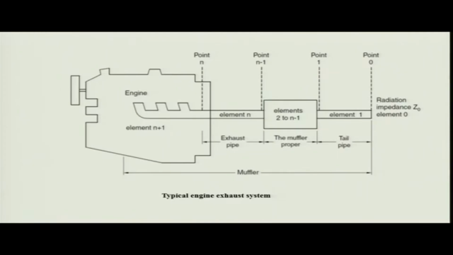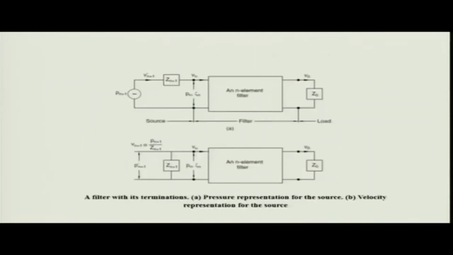We can represent this as P n plus 1, and the engine has some impedance, just like the atmosphere imposes certain impedance on the propagation of waves. The engine also has some impedance, known as source impedance, represented by the Z block impedance, and this is in line.